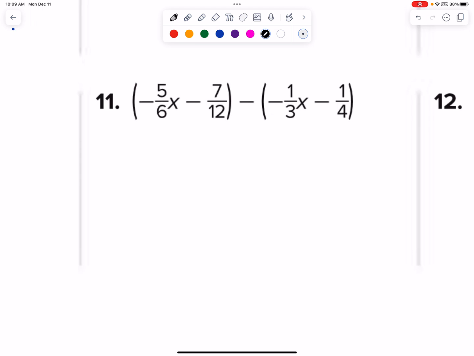So number 11, step 1, remember, KFC in the quantities first. Now take care of your big KFC, adding the opposite and opposite. There we go. So we distributed all that. Let's go ahead and combine like terms. We have a negative 5/6x and a positive 1/3 x, always including that symbol, negative 7/12 and positive 1/4.